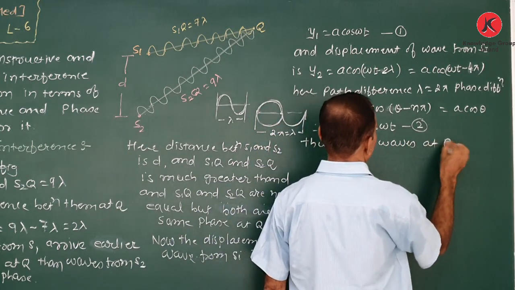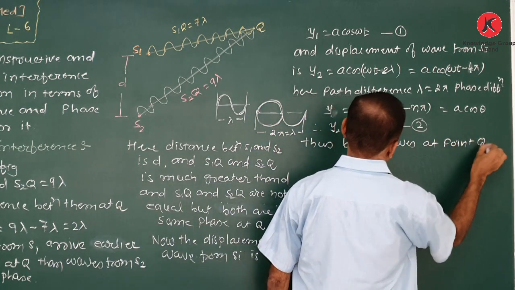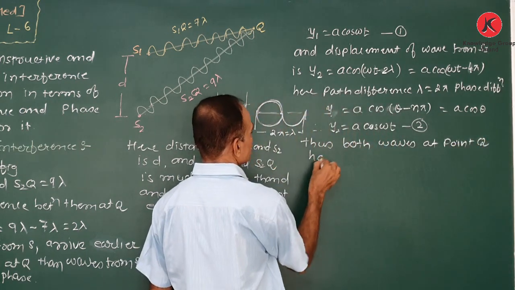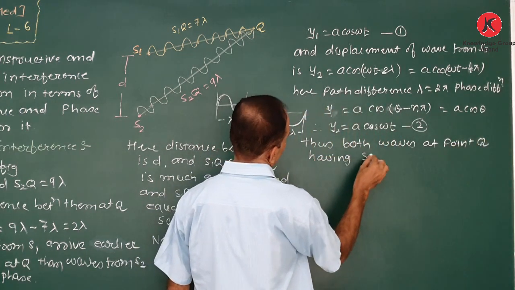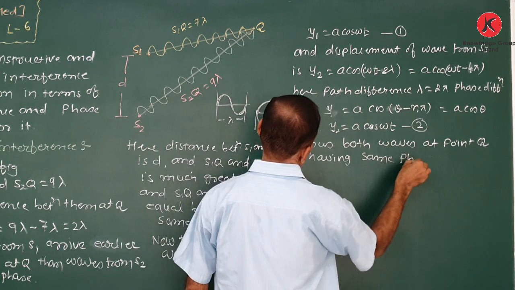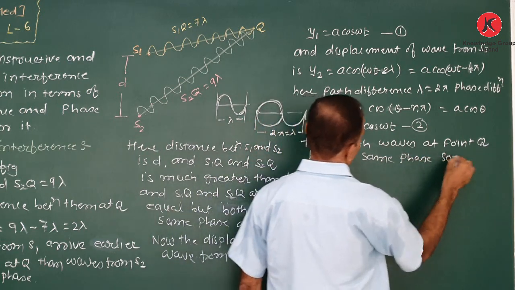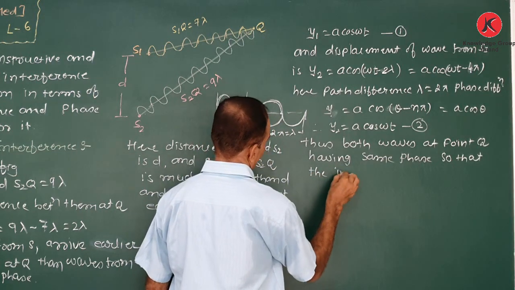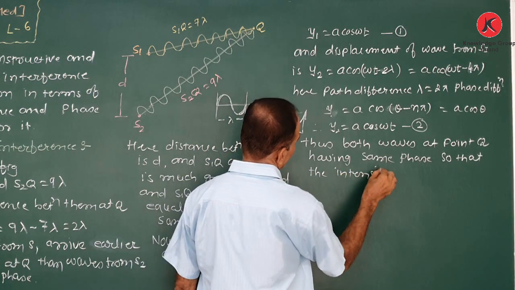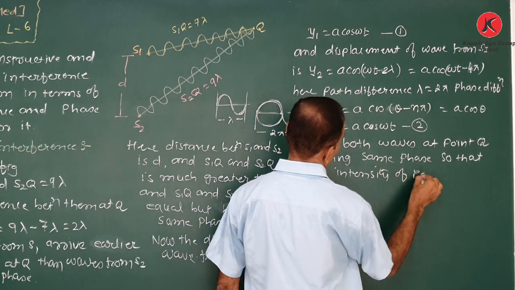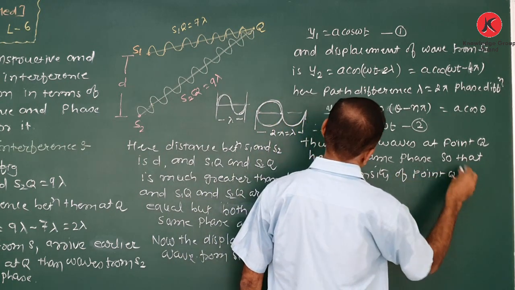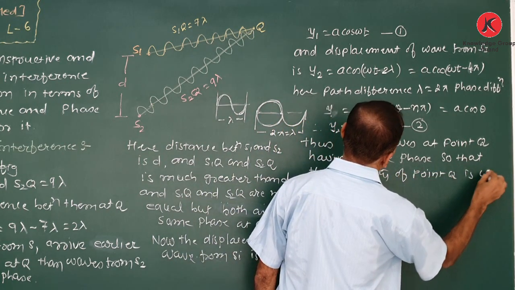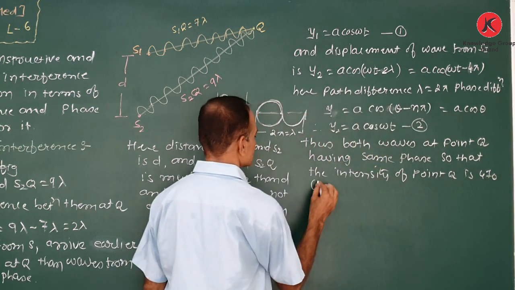Thus, both waves at point Q have the same phase, so the intensity of point Q is 4I0, maximum.